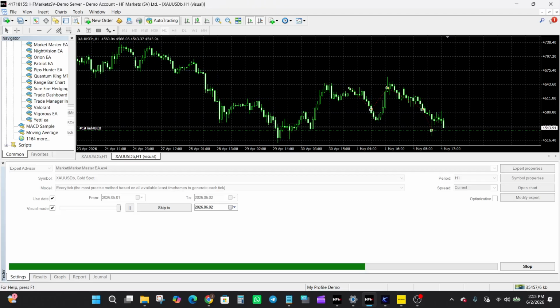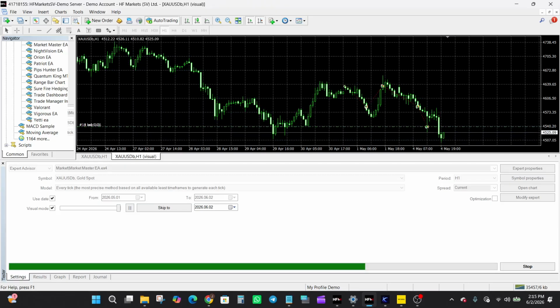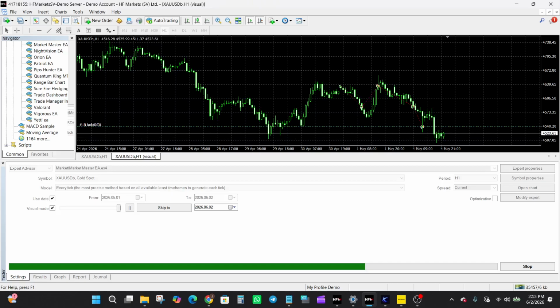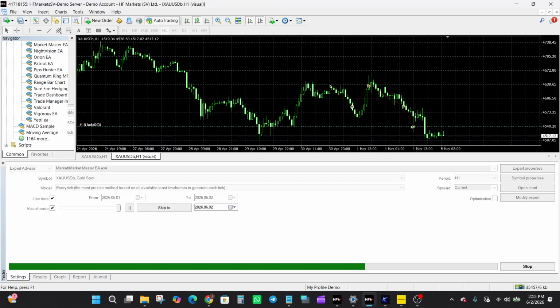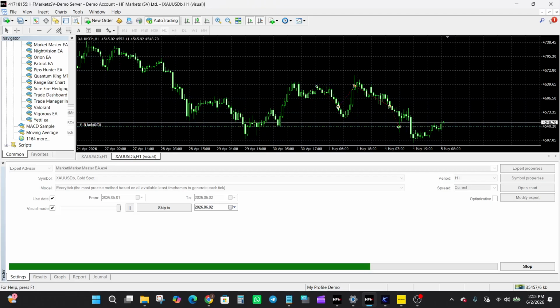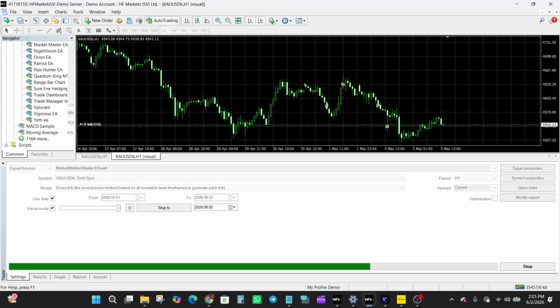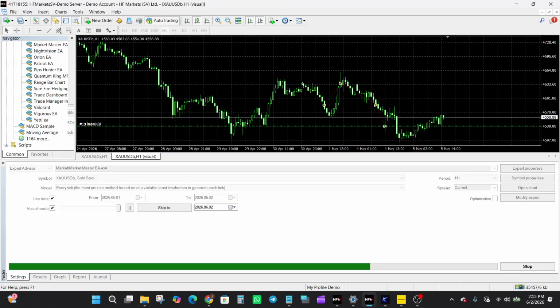All right. So, overall, this is a very configuration heavy EA that relies heavily on how you set your distance between orders and your risk scaling approach.